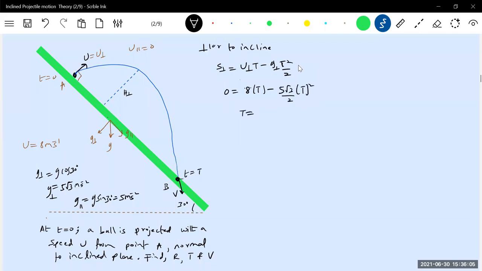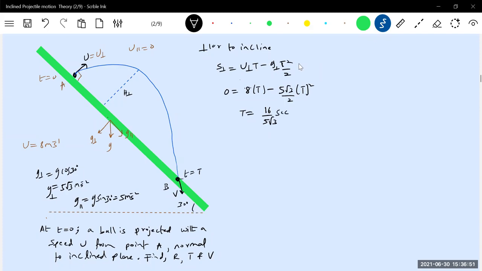One T will get cancelled out, so this will be 16 by 5 root 3. g perpendicular, everyone hope, is g cos 30 degree, cos 30 is root 3 by 2, so 5 root 3 it will be. Yes, this will be the time of flight.